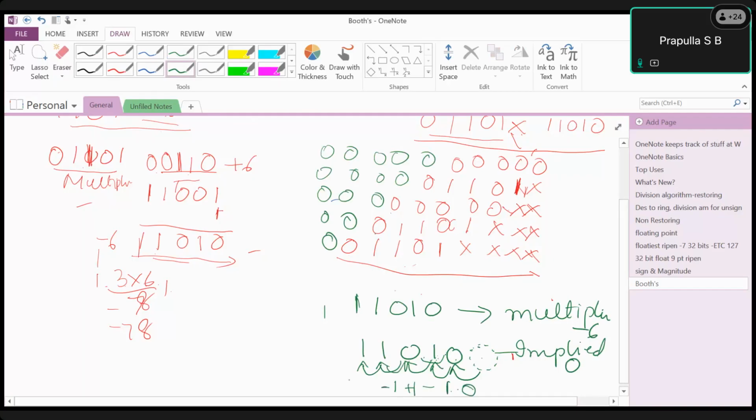Then 1 to 1 was 0. So these are your bit pair recoding. Just check once: 0 to 0 is 0, 0 to 1 is -1, 1 to 0 is +1, 0 to 1 is -1, 1 to 1 is 0. So this is where you got this answer.